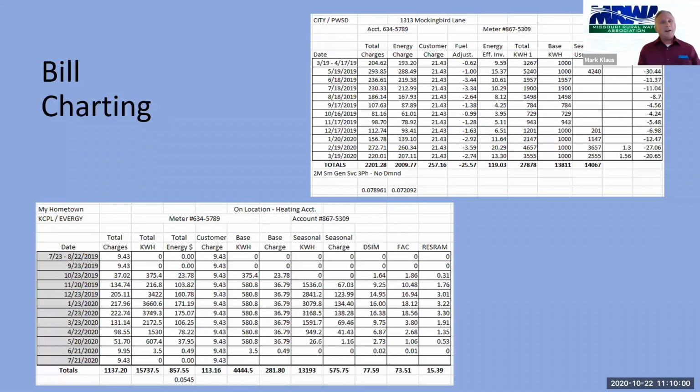So I really don't want to propose adding extra work, but if it's possible, charting your bills, and you would not have to do this, this is what we do. I like to put everything out there so we can see every single charge that is on there.